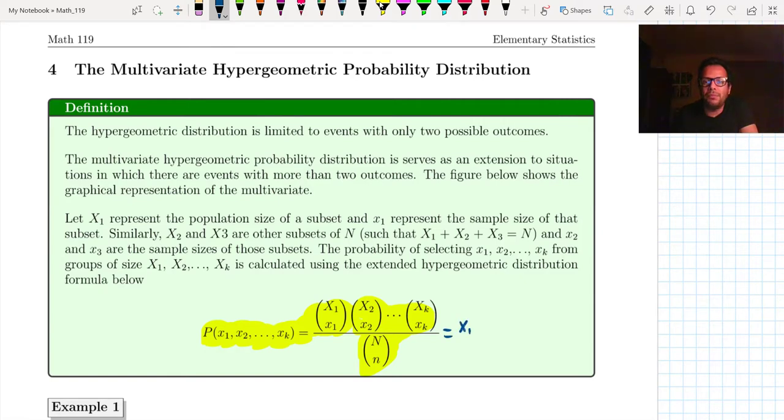From big X1 we choose little x1, times from big X2 we choose little x2, etc., and then divide by from n choose little n, and so on up to little xk. So we are going to have multiple outcomes in this case.